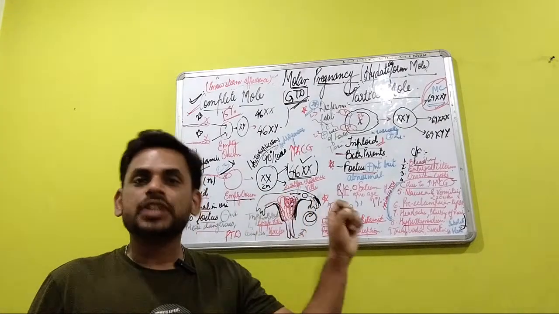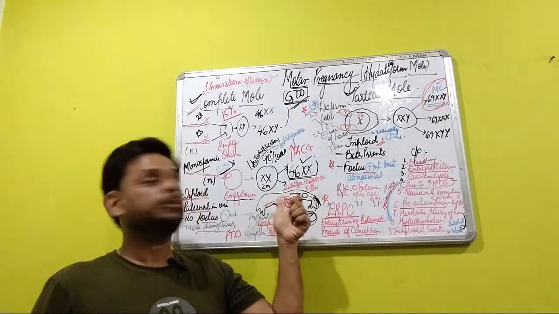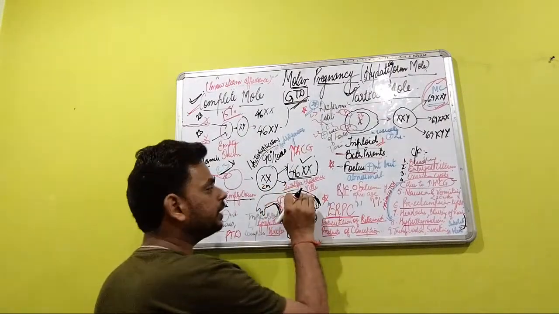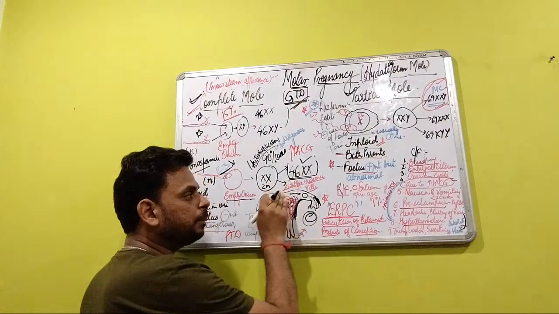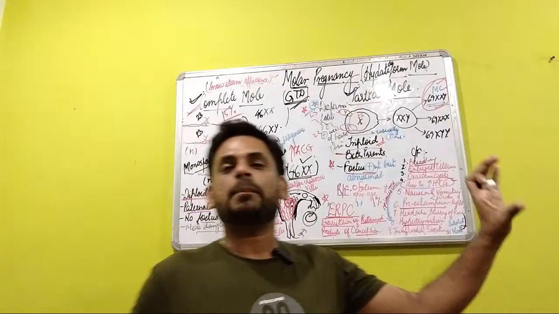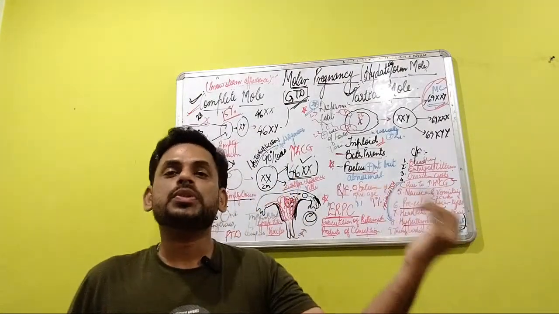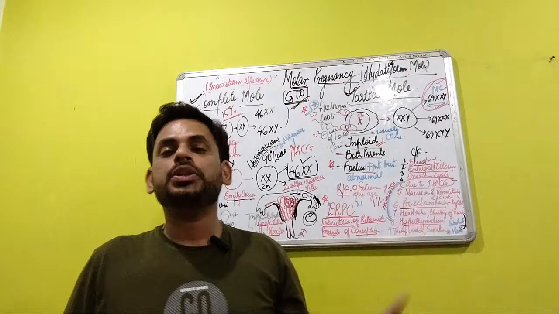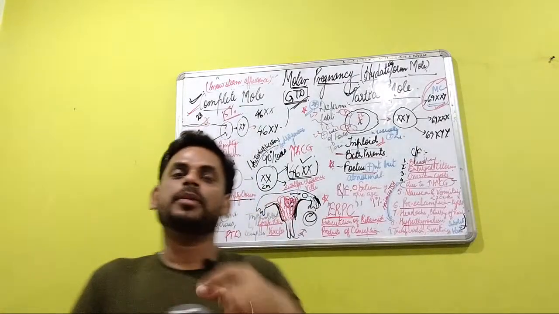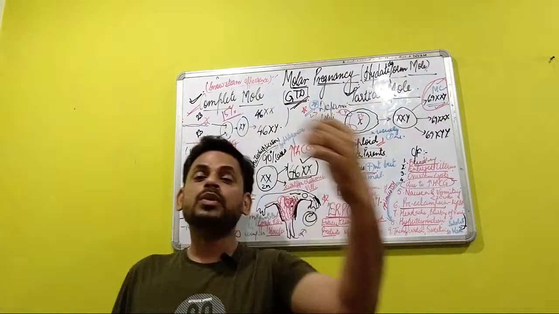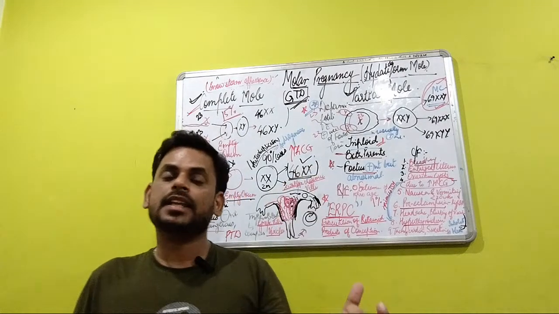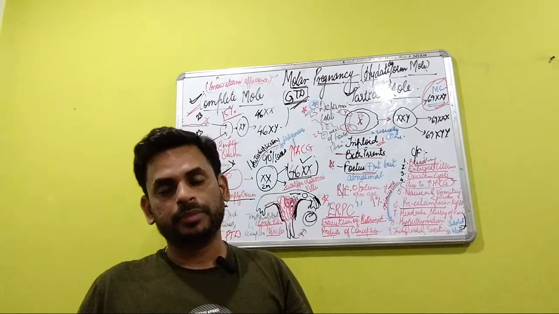Fertilization of the ovum with the sperm takes place in the ampullary-isthmic junction, and from here the zygote slowly and gradually proceeds towards the uterus, and finally at the blastocyst stage it gets implanted into the uterine wall. The blastocyst has an outer cell mass called the trophoblast, and an inner cell mass which will form the embryo.